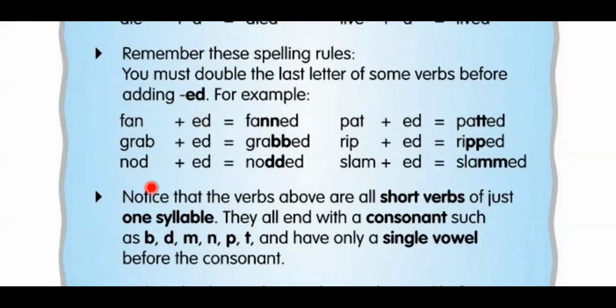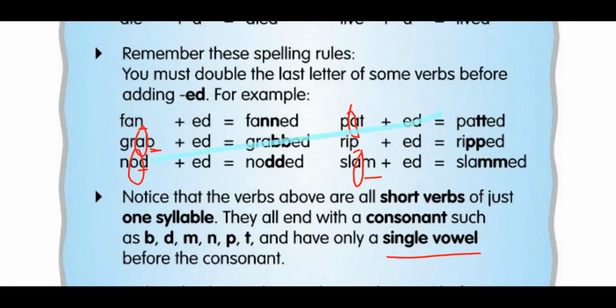All these words are one syllable words. They end with a consonant, D, B, N, T, P, M. And they have a single vowel: pat, A; rip, I; nod, O; grab, A; fan, A.